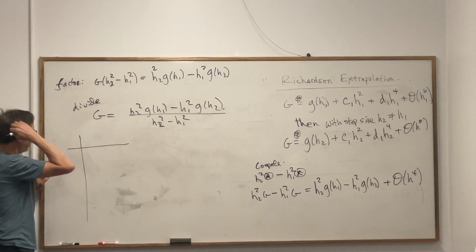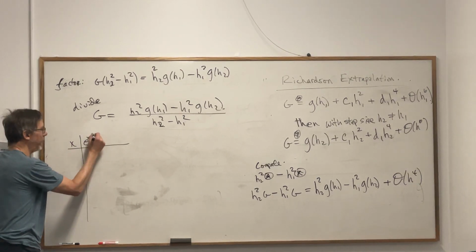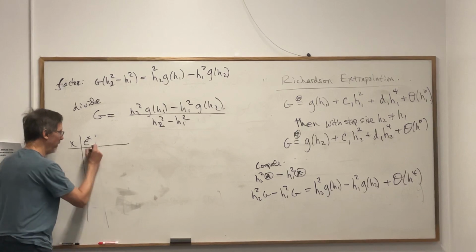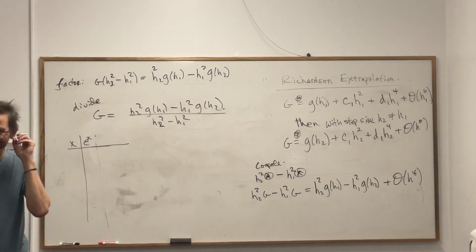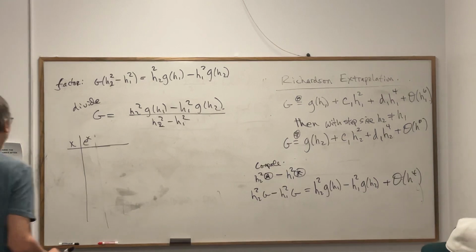Let's take a known function, e to the x. I'm going to definitely need a calculator, friend. It doesn't always have to be Lou. Looks like it might be, though. That's okay.